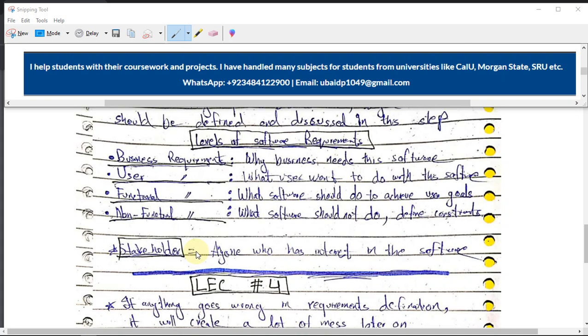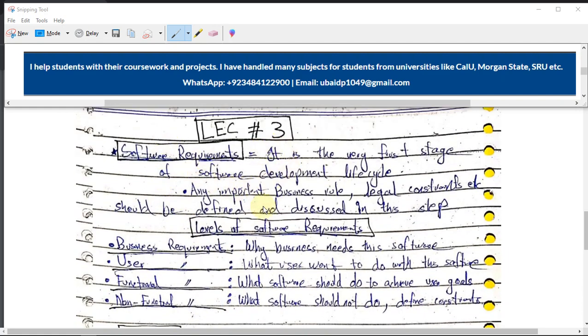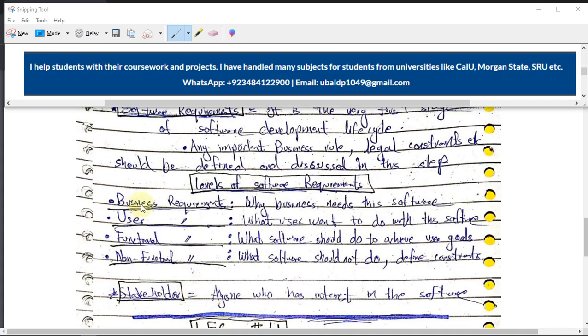There will be many teams which will be affected if you are working in a large-scale company. All of them will be your stakeholders, and stakeholders play a very important role in defining software requirements. So keep that in mind. We will talk about it in the next lectures also.